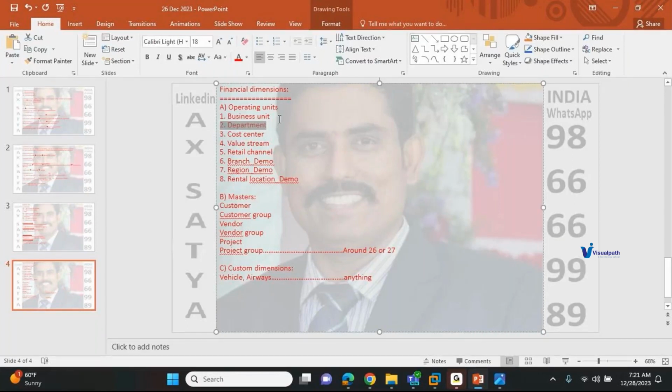In that case, I will use this department while doing transactions. If you want to use the department in transactions, then you need to map the accounting structure. Accounting structure is equal to main accounts plus financial dimension.